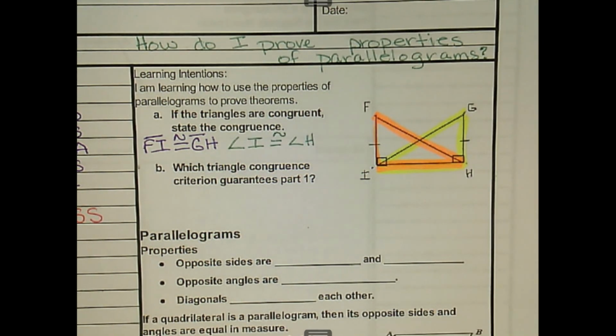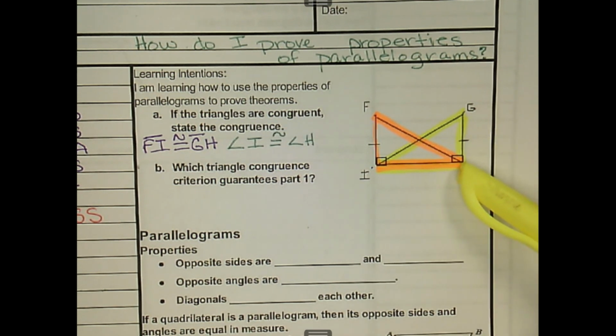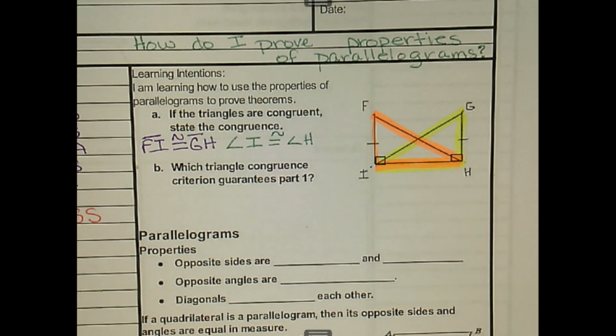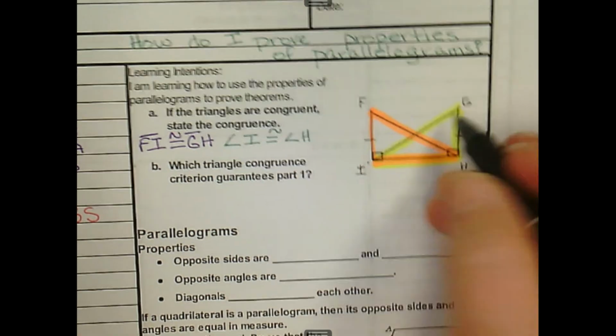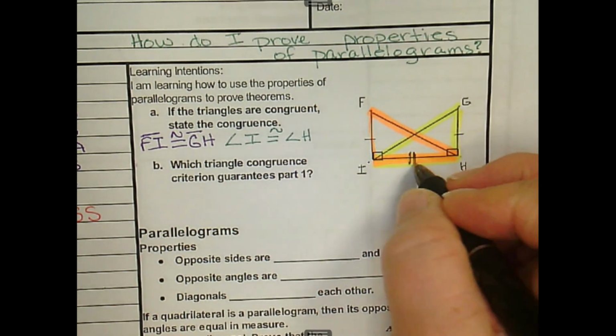What do you notice? If you said you noticed that these two highlights fell one on top of the other, they're the same segment, you are correct. So we know that IH is congruent to HI.